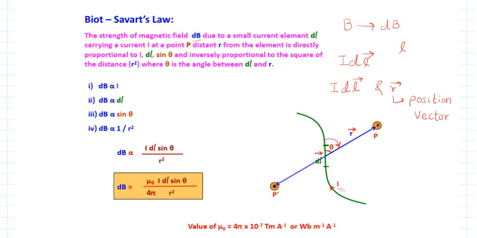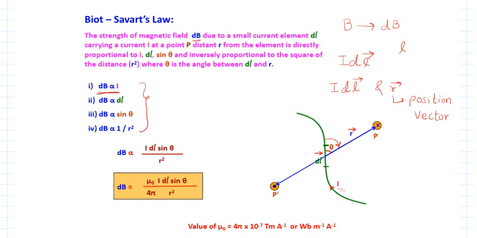Since it is placed at distance r over here, now let's understand the statement of the law. In order to find out the strength of the magnetic field dB, we have these statements. A few proportionalities are there. The first proportionality is that the strength of the magnetic field is proportional to the current I passing through the small current element.